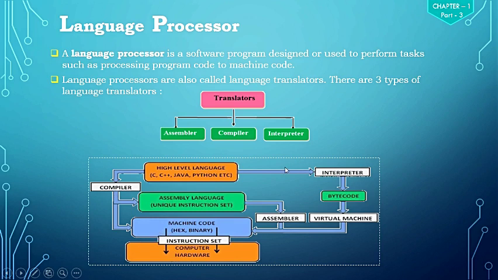Similarly, an interpreter converts the high level language into machine level language by converting it into bytecode first. Now third is the assembler. Assembler is also a language translator that converts assembly level language into machine level language. So this way these three translators work in a computer.